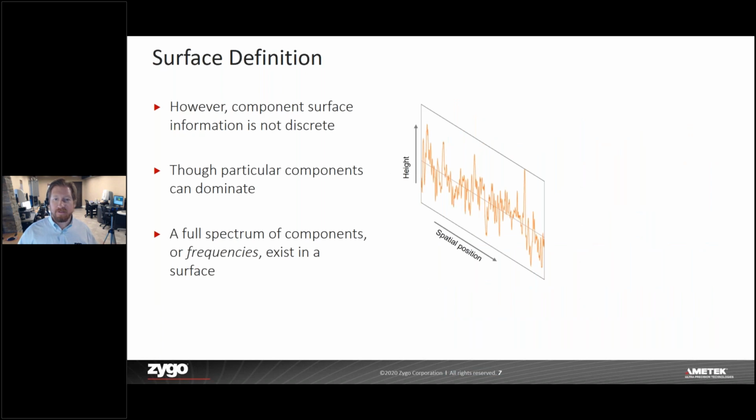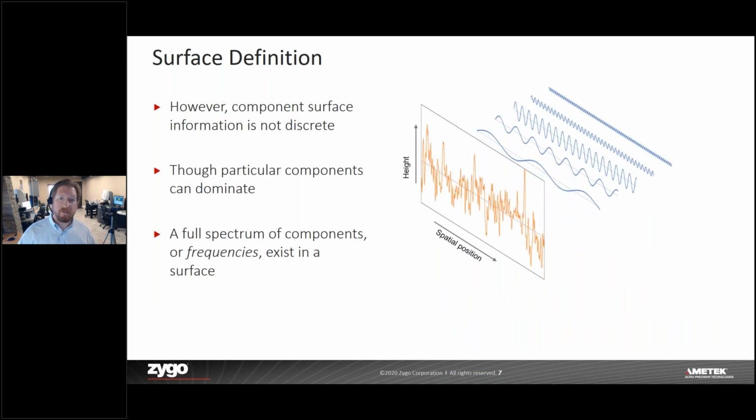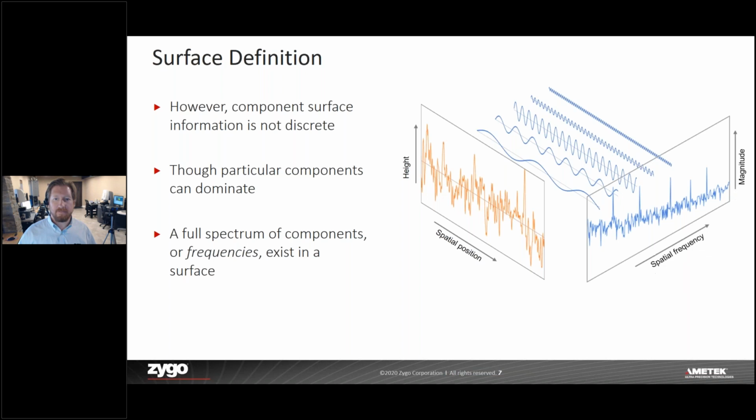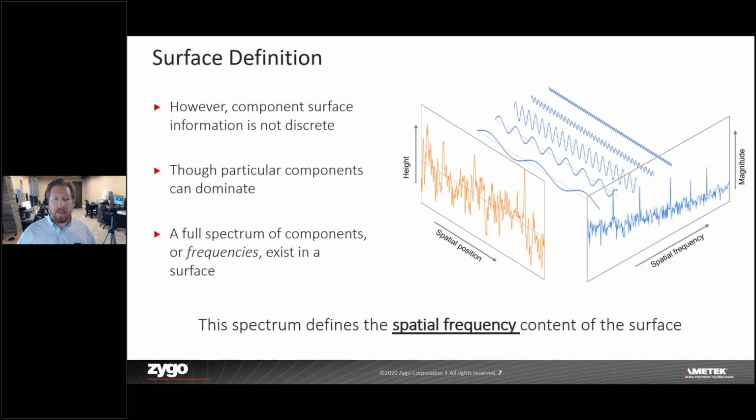However, component surface information, as we just described, is not discrete, although particular components can dominate the surface information. It's actually a full spectrum of components or frequencies that exist in a surface. And this spectrum defines, in this case, the spatial frequency content of a surface.